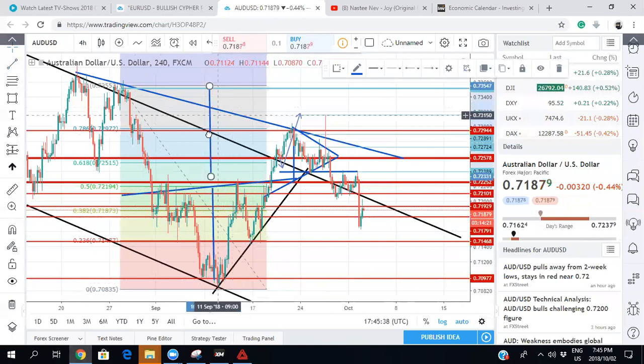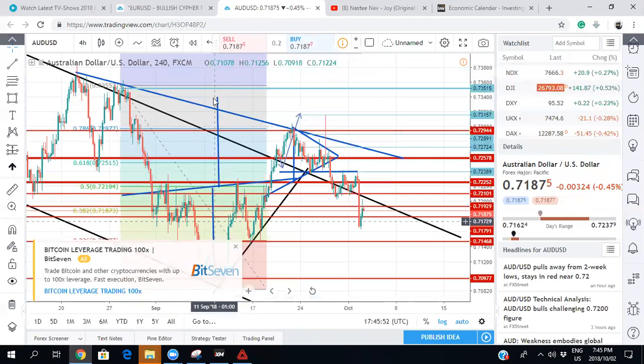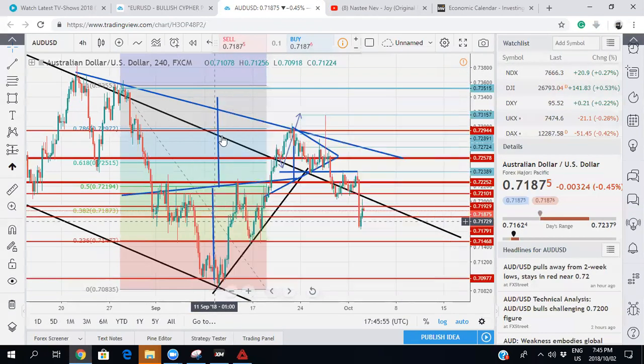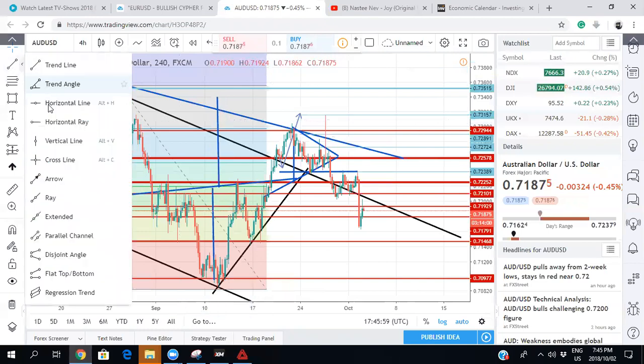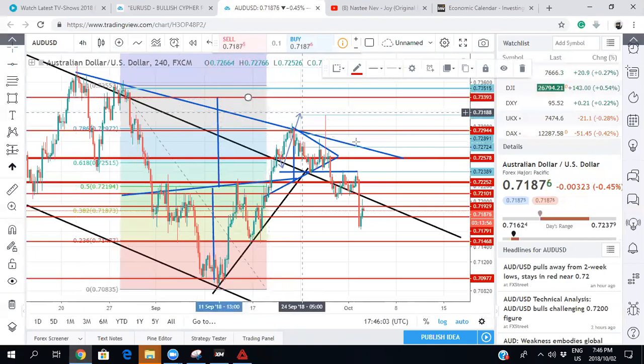I connect it there. Come on. You know, whenever I come to the side, it gets to be slow. But I believe you guys can see it. This is my ultimate take profit at that level there. But it failed to hit the take profit.